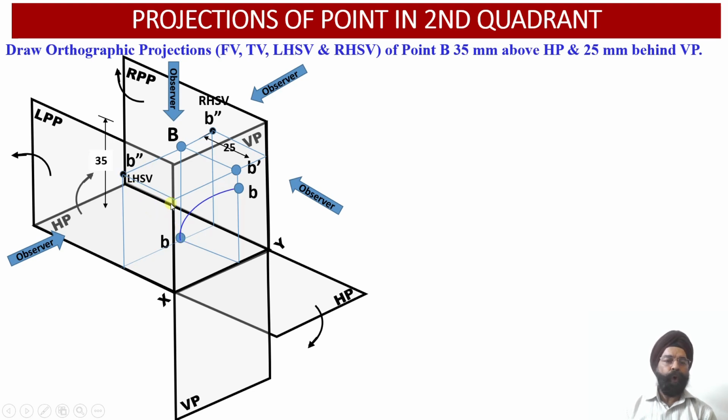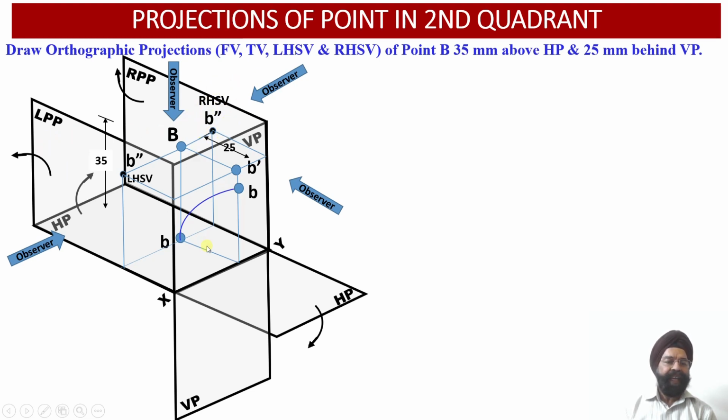That is, all three of them are available at a distance of 25 millimeter away from the vertical plane. So this way we have been able to obtain front view orthographic projections, top view orthographic projections, left hand side view orthographic projections, and the right hand side view orthographic projections into the 3D spatial environment.